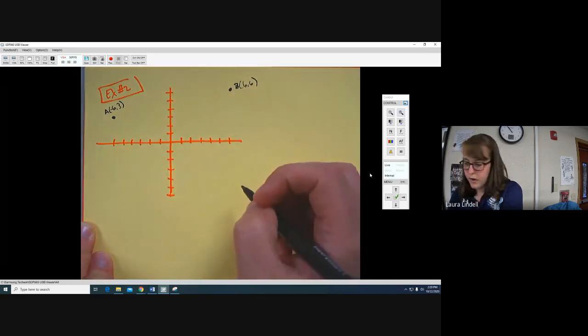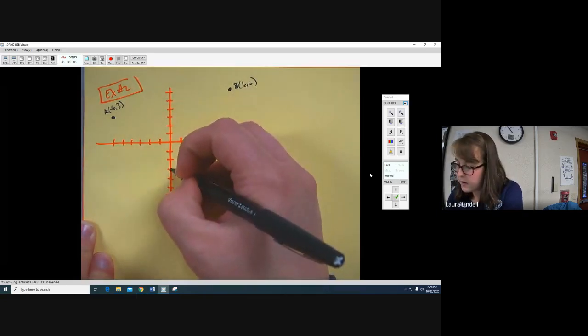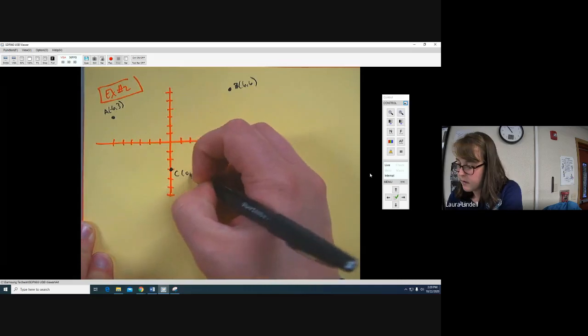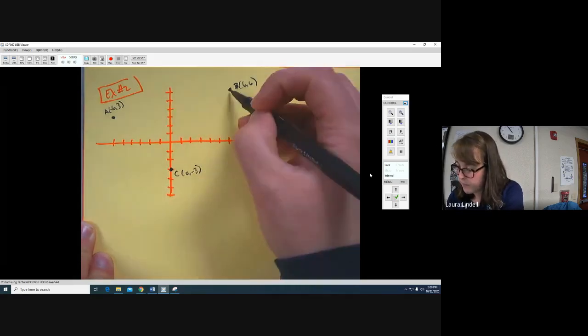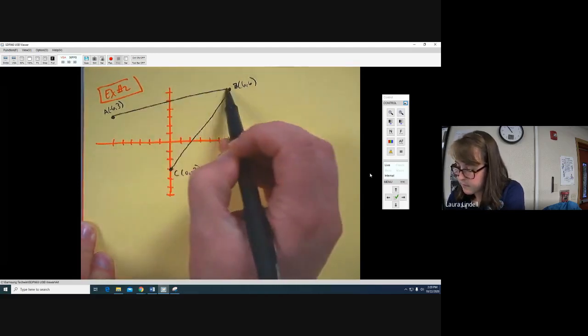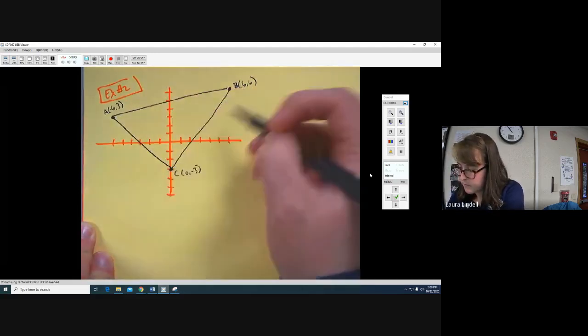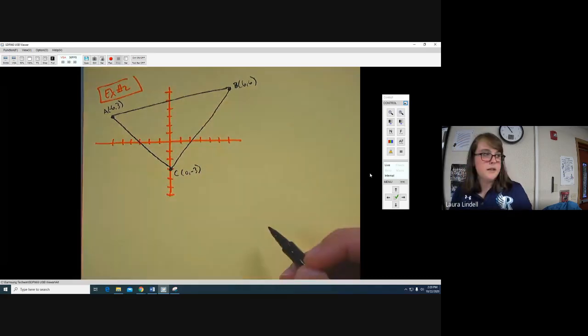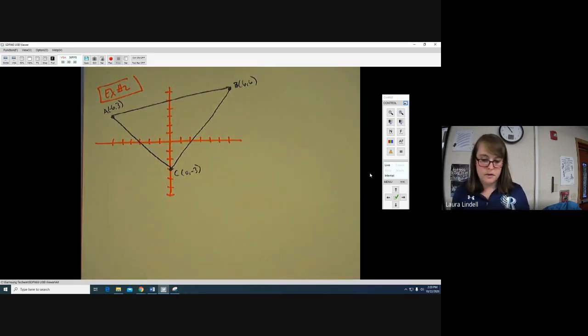And then my third point is going to be 0, negative 3. All right, so there's our original shape.